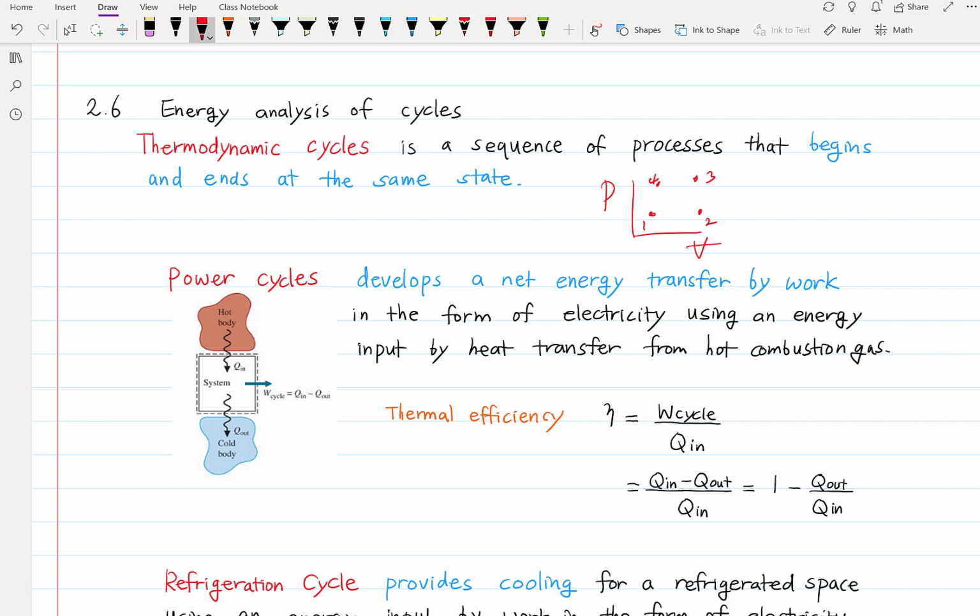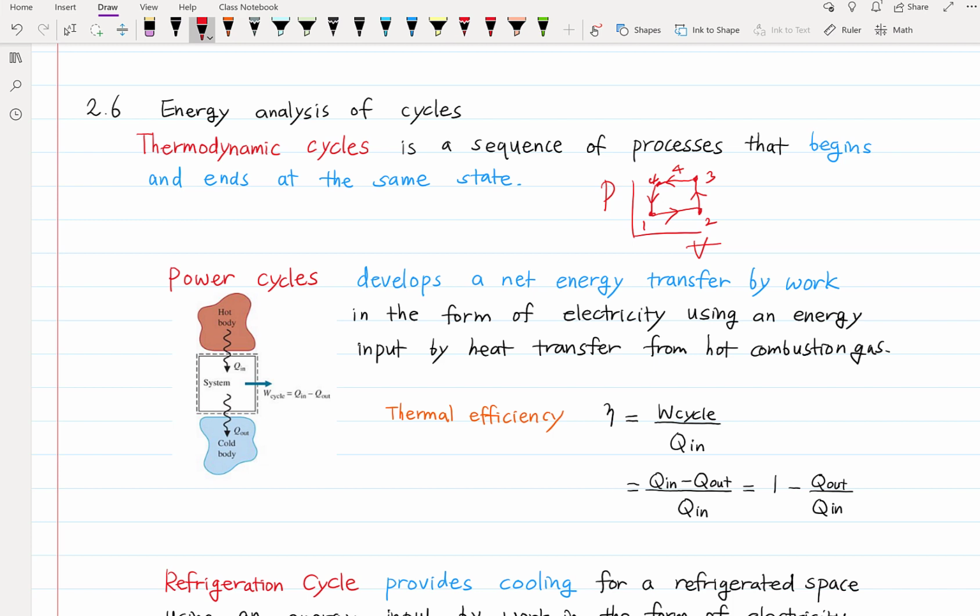So from initial state 1, it moves to state 2, then state 3, then state 4, and we return back to initial state 1. So again, the initial state and the final state are the same. It is a thermodynamic cycle.